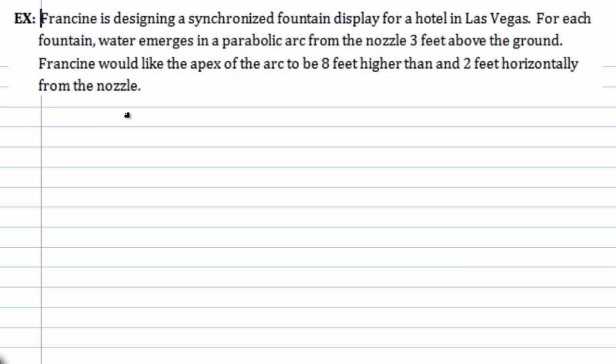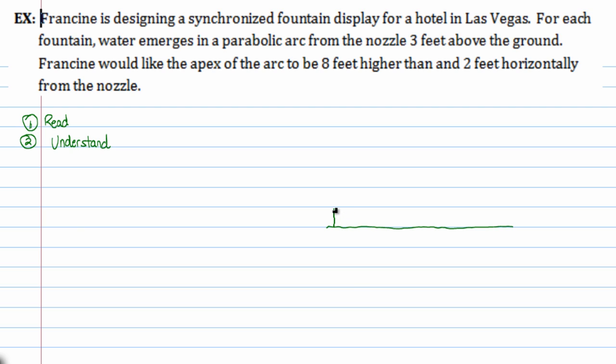But what I'm doing is I'm going to go through this problem-solving process. I read the problem. I think I understand what's going on. We got a water fountain. But just in case I don't understand, I'm going to go ahead and draw a picture here. So let's see. I'll pretend that this is the ground. We have water emerging in a parabolic arc from a nozzle 3 feet above the ground.